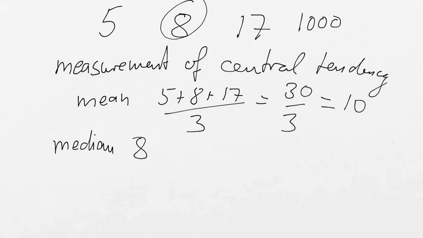What's the mean? It's 1,030 divided by 4, isn't it? The mean will be bad because we have 1,000 added onto it, which means it will be way over 17, but under 1,000. But the median will be between 8 and 17, in between the different samples.